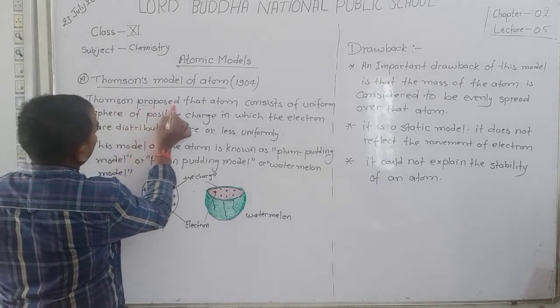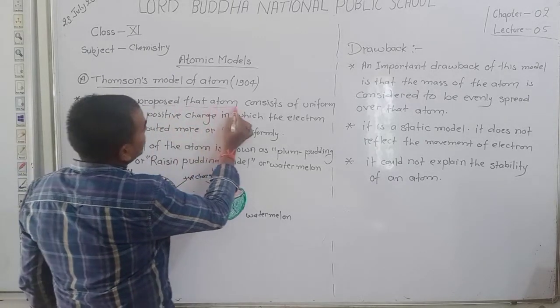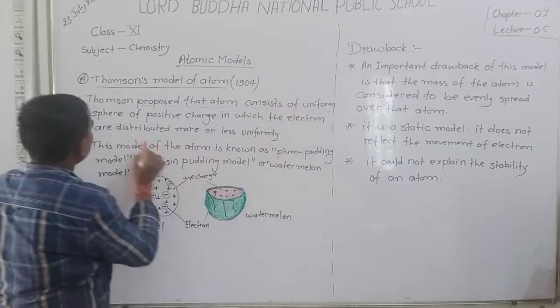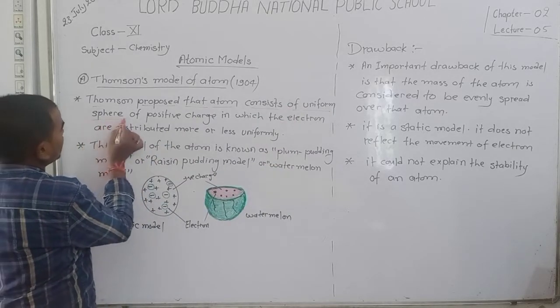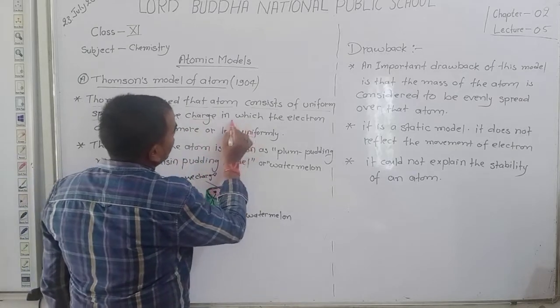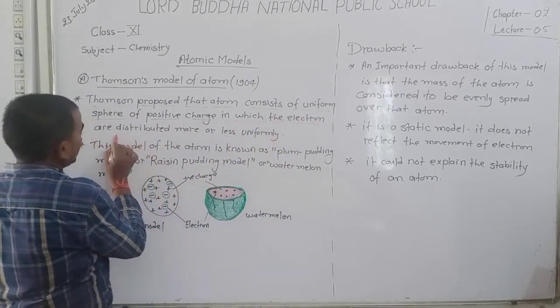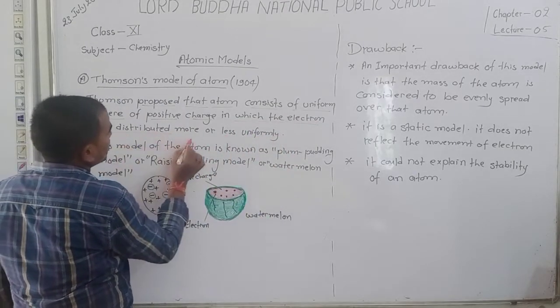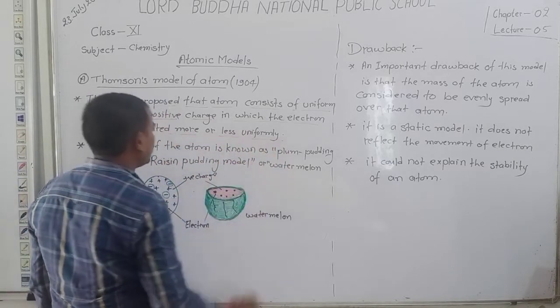J.J. Thomson proposed that the atom consists of a uniform sphere of positive charge in which the electrons are distributed more or less uniformly.